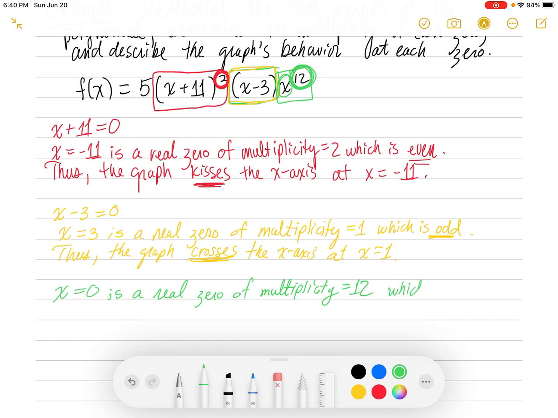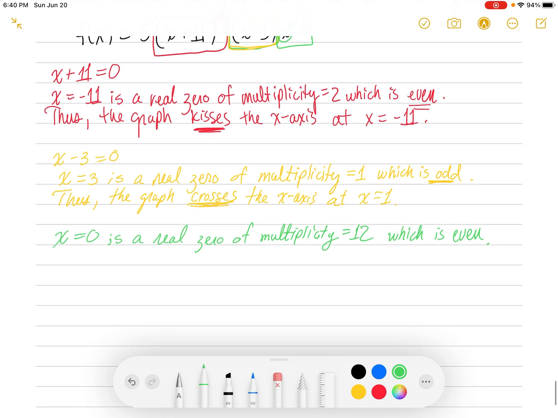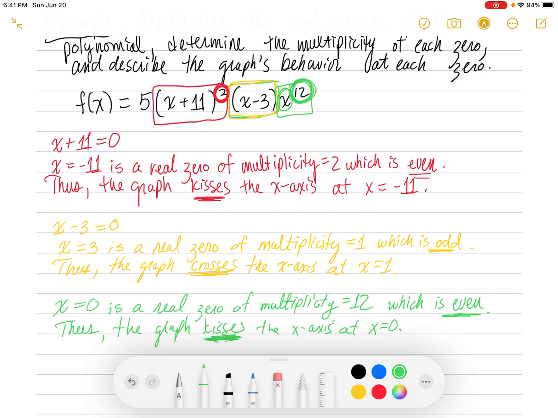Multiplicity 12, which is even. So that means the graph is going to kiss the x-axis at x equals 0. Why kisses? Because we had an even multiplicity of 12.